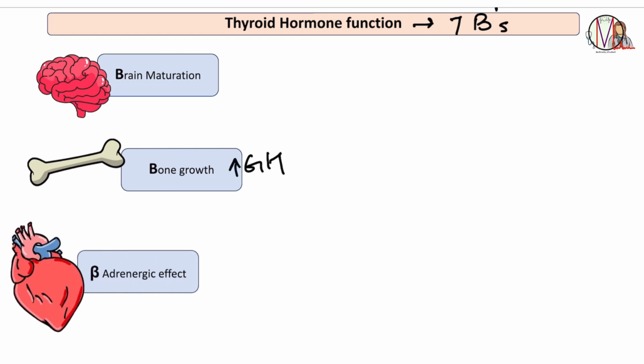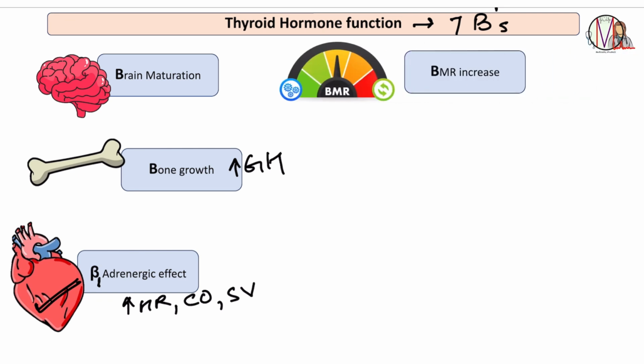The third B is for beta adrenergic effects, that is increased expression of cardiac beta 1 receptors in heart, which increases the contractility, therefore increases heart rate, cardiac output and stroke volume. Therefore, beta blockers alleviate adrenergic symptoms in thyrotoxicosis.